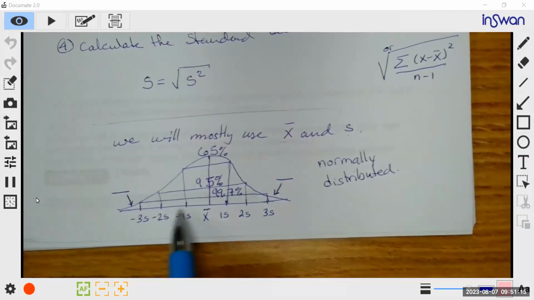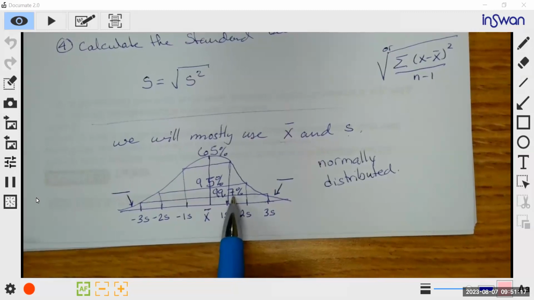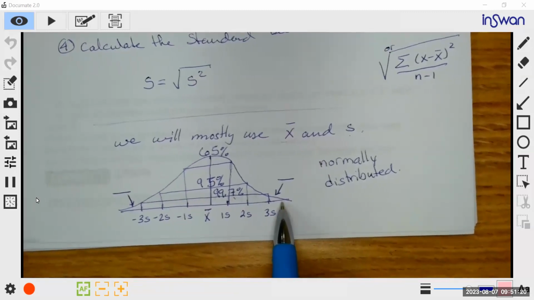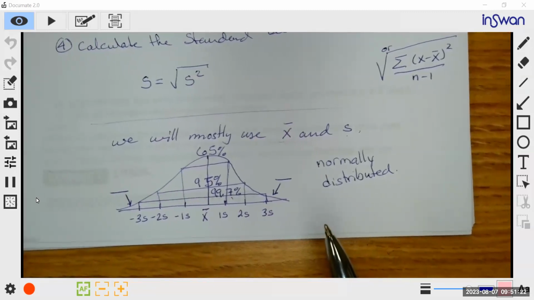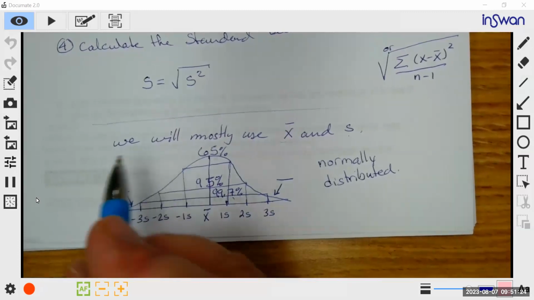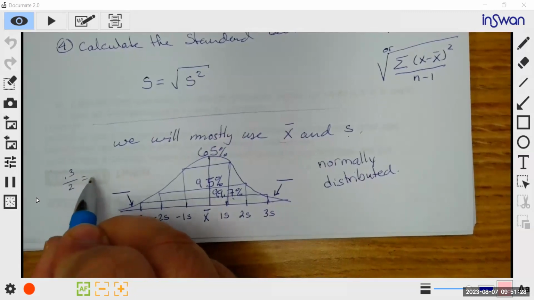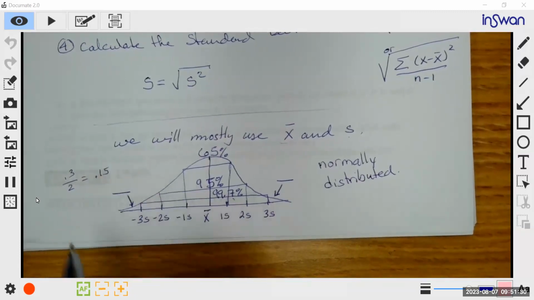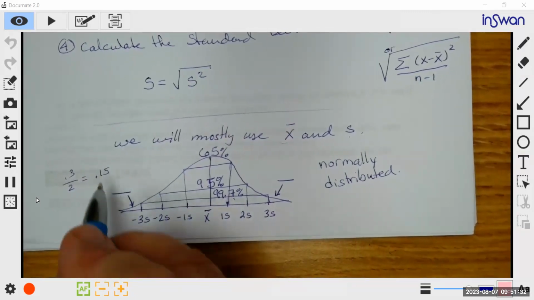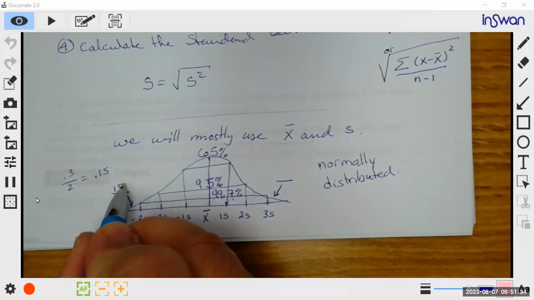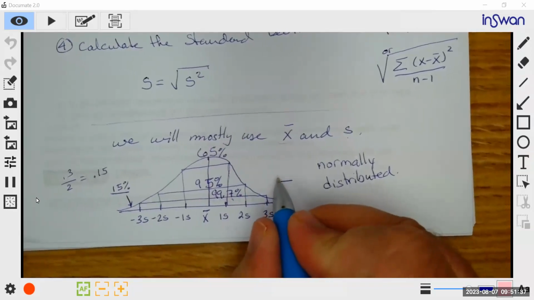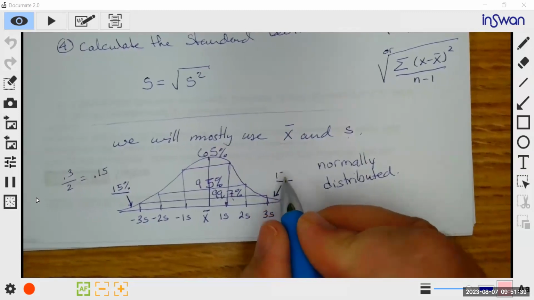We know that the third standard deviation is 99.7. So what's left over is how much? 0.3. So if 0.3 is left over and there's two sides, divided by 2, we get 0.15. So this side is 15%. And this side is, no, 1.5%.